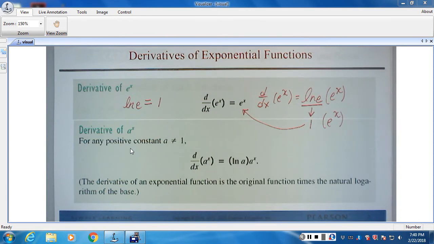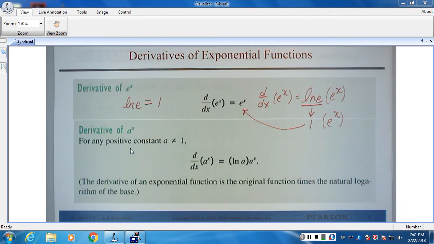So we didn't actually need to put down the natural logarithm of e. But for any other number, you take the natural logarithm of whatever that number is, and then multiply it times that number raised to the power. And the power is the variable. So the derivative of an exponential function is the original function times the natural logarithm of whatever the base was.